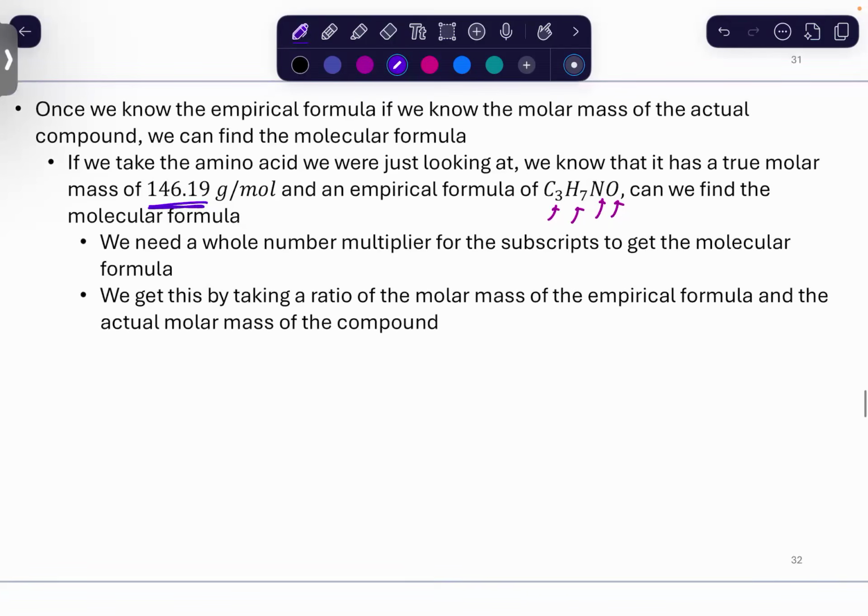Okay, so what we need is a molar mass for our empirical formula. So what is this going to equal? That's going to be 3 carbons plus 7 hydrogens plus nitrogen plus oxygen.